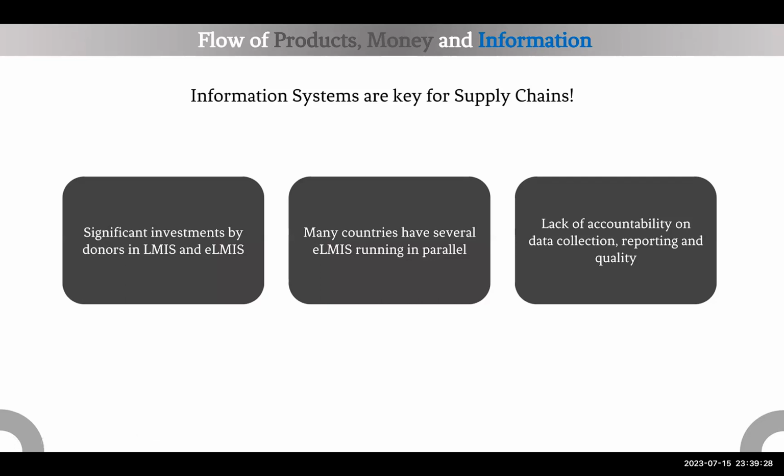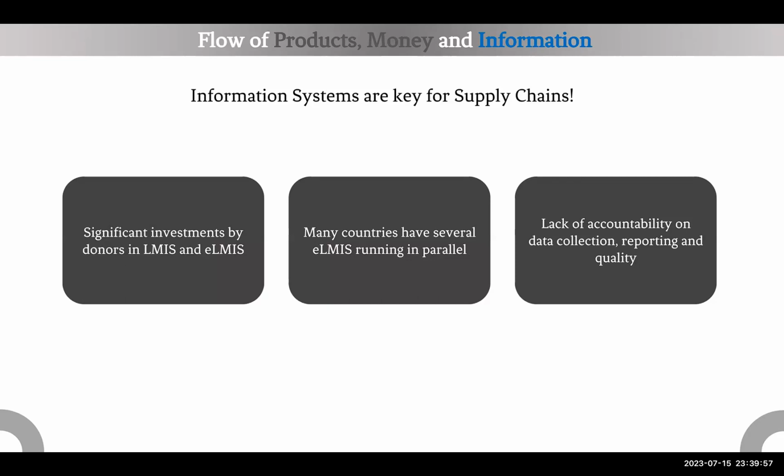Now, we know that there have been significant investments by donors in instituting different types of LMIS systems in Africa in general, and I know for a fact in Nigeria as well. Many countries have different ELMIS systems as well, but there is still a lack of accountability on data collection, reporting, and quality.